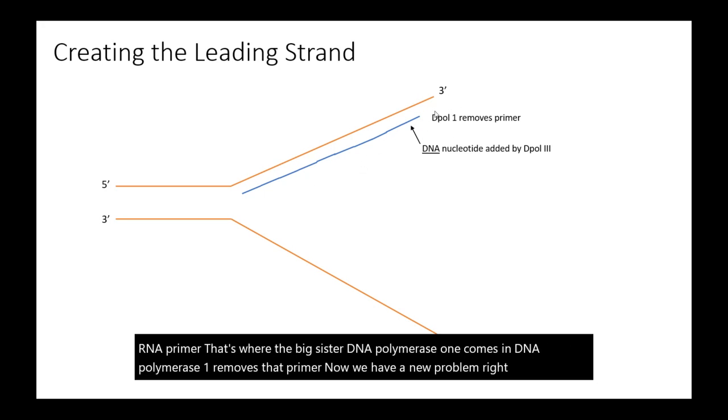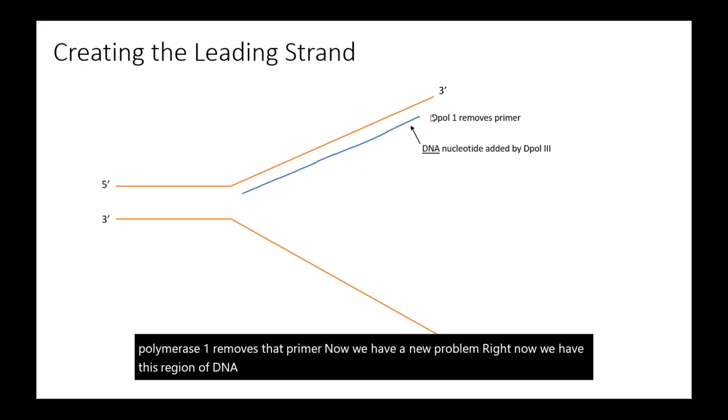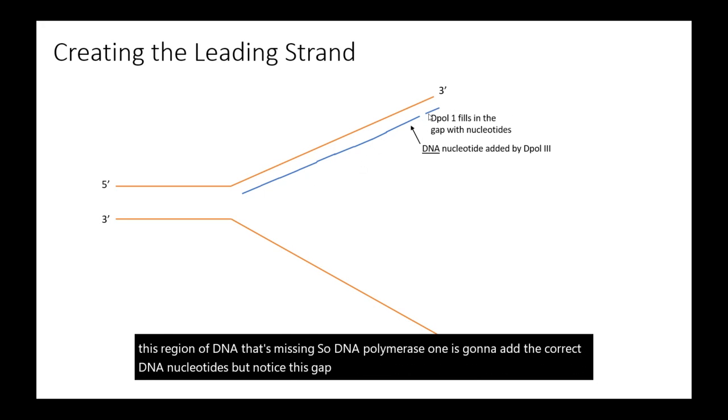Now we have this region of DNA that's missing. So DNA polymerase 1 is going to add the correct DNA nucleotides. But notice this gap, y'all. DNA polymerase 1 has a limitation. It cannot connect what it just laid down with the existing strand of nucleotides that DNA polymerase 3 had laid down.